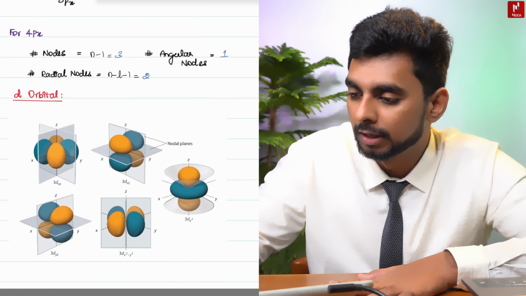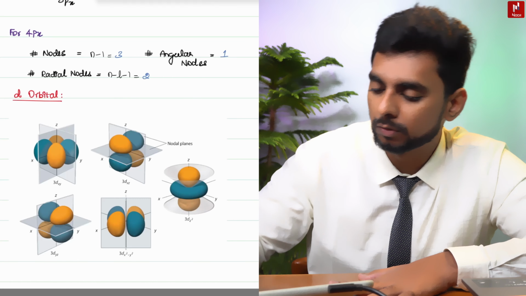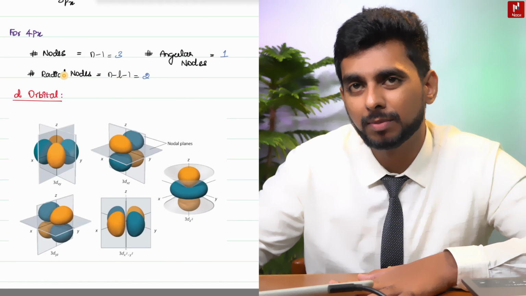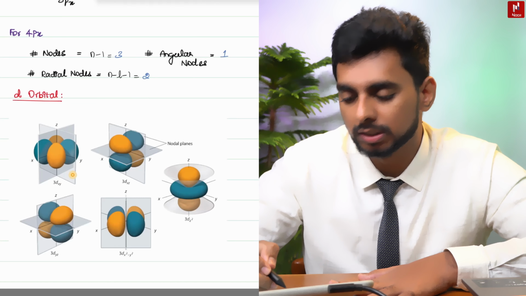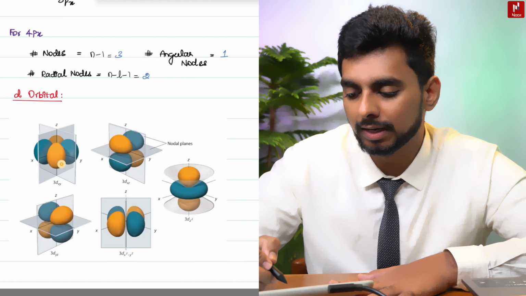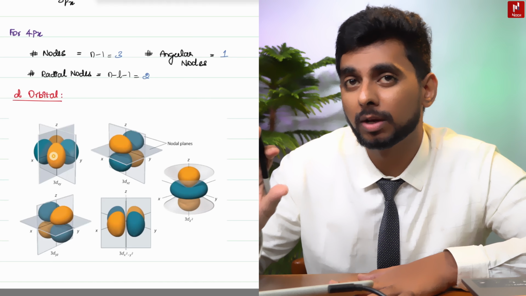Next, we will see for the d orbital. Just first, let me explain it with respect to this diagram. Then I'll just find the number of nodes that will be written in the next page. Got it? So here, if you just look at this d orbital, it was already clear that with the case of d orbital, you have like four lobes, I mean like two dumbbells into it.